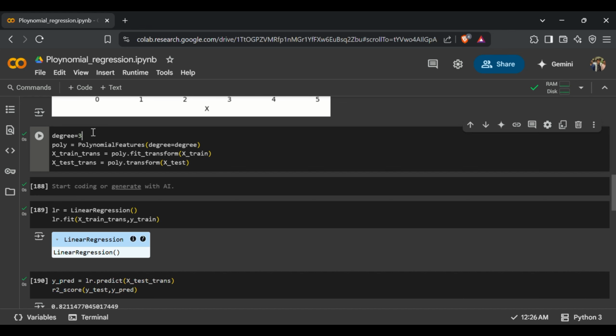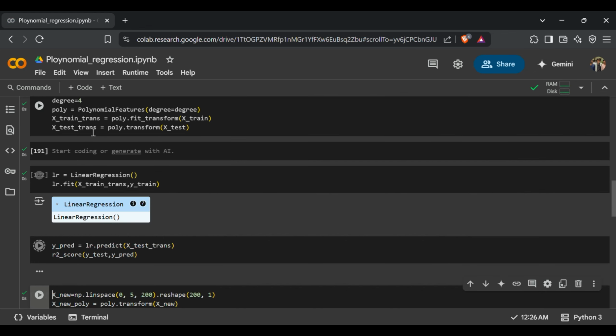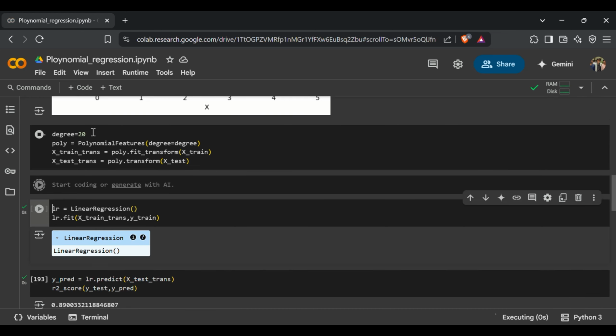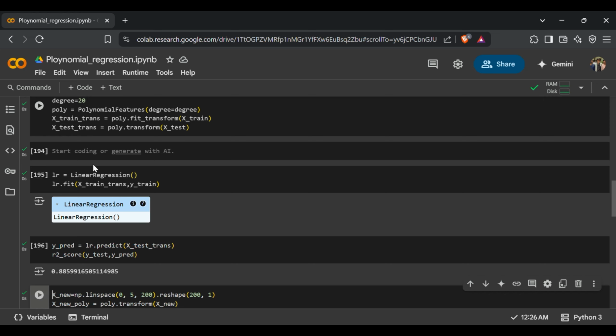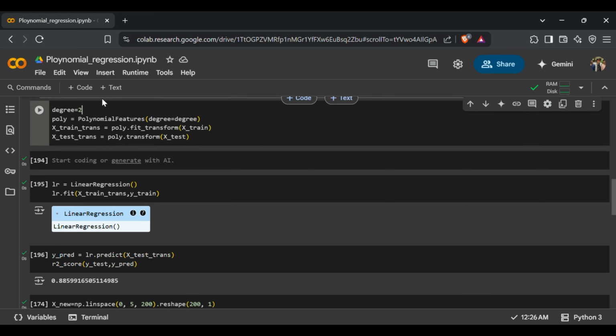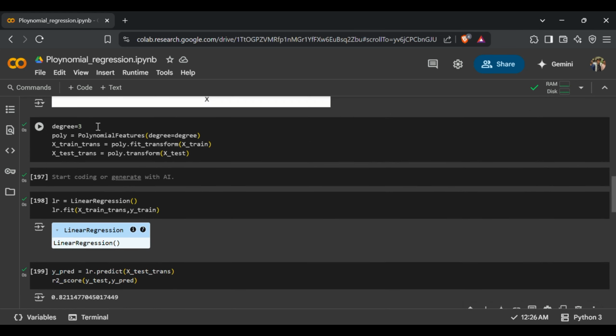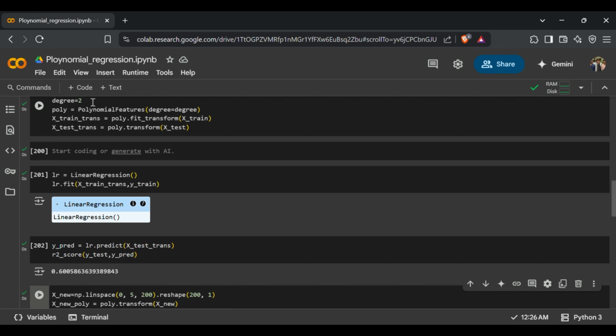When we take degree 4, it may improve or decrease. It has improved a lot. Let us say degree 20, it may overfit. You can see 89 to 88. For a better approach, degree 3 looks optimal.